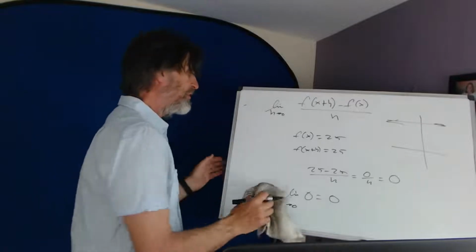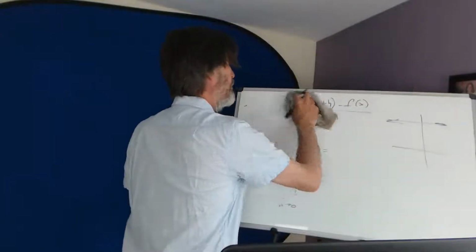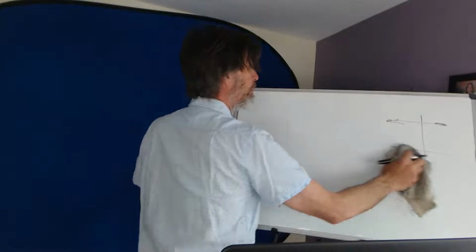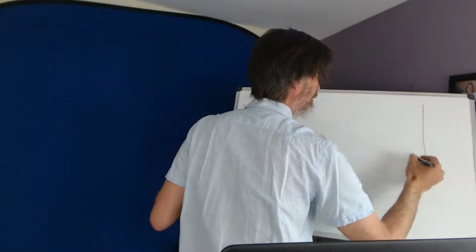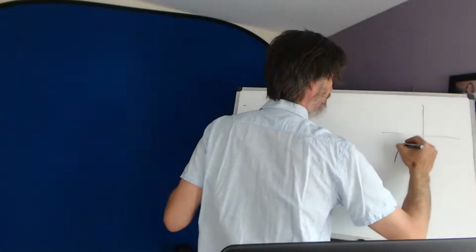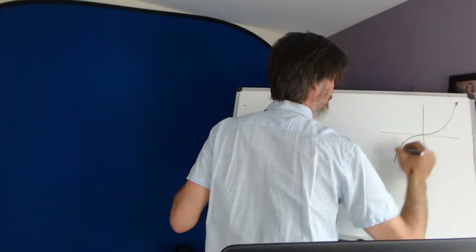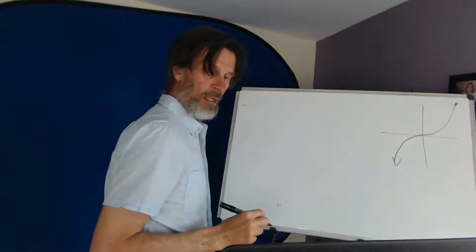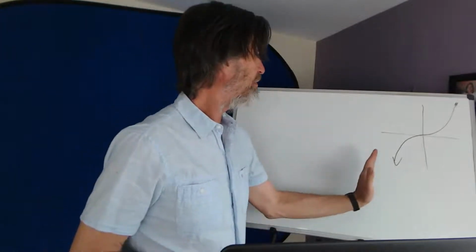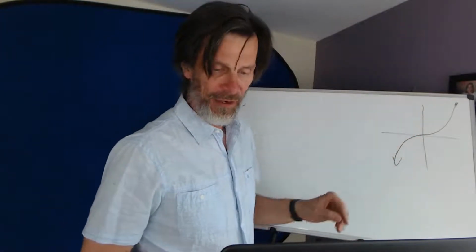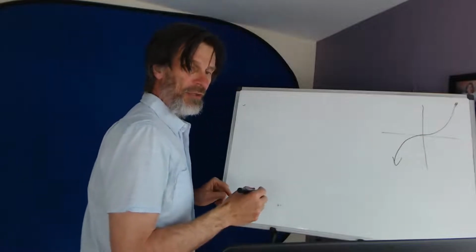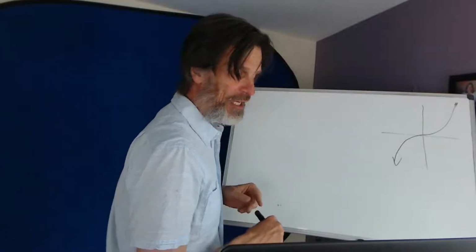Part C, we have the function f of x is x cubed. Again, I'm going to start with a graph here. Here's the graph of x cubed. So this one is going to have a positive slope all the way through, except for right there at 0. So let's see what the average rate of change is.